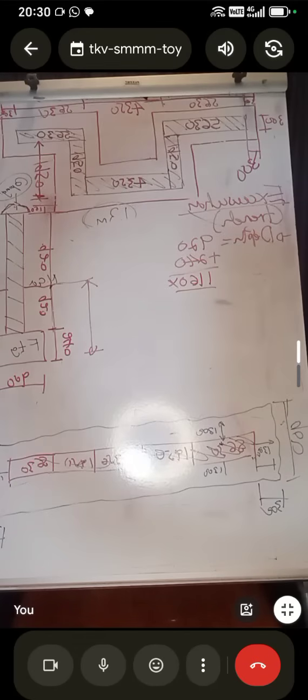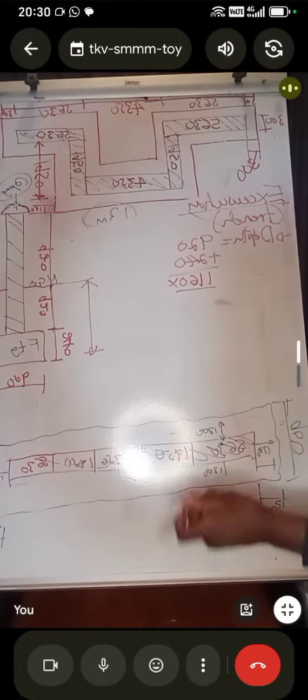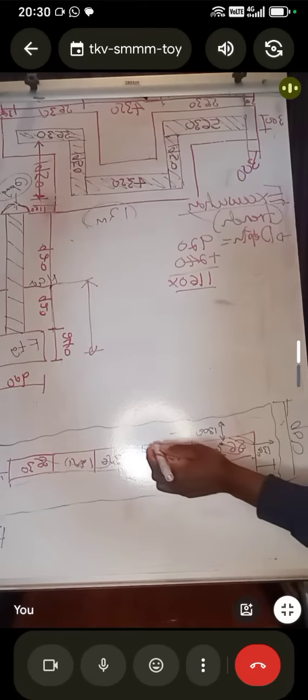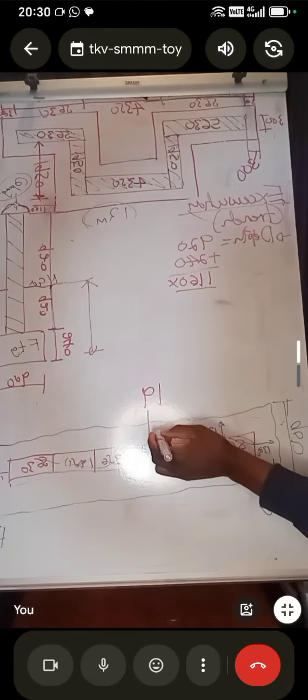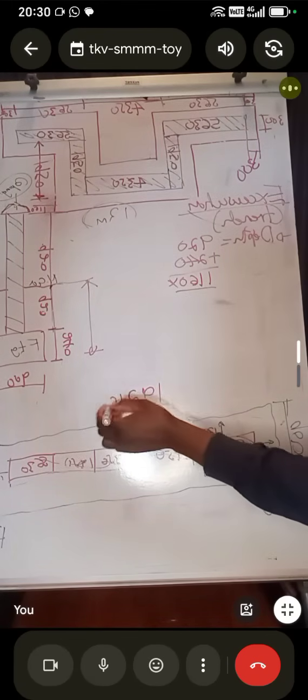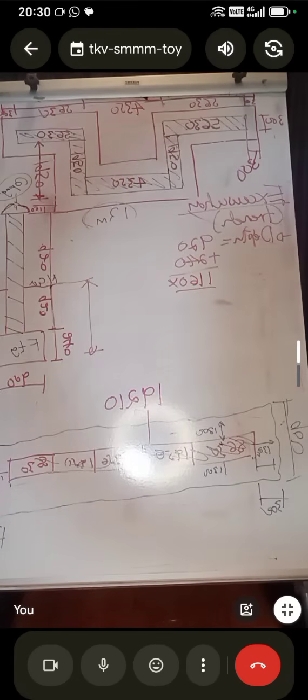Good. So now, what is it that you have to know? You need to know the total length of the trench. You know the width. You know the length of the wall. The length of the wall, we said is what? It was 19 what? 210, eh? 19,510. Yes. I don't remember.